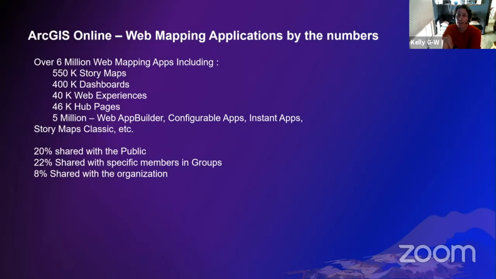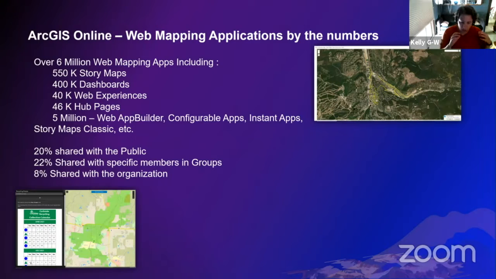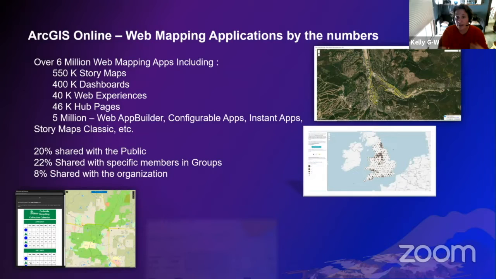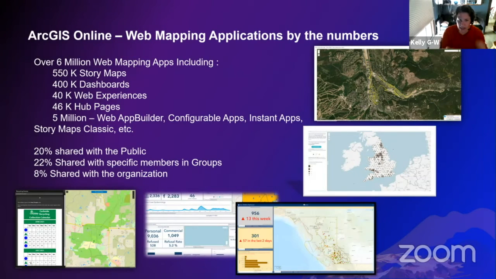So ArcGIS Online, by the numbers. Yesterday, Jack did a really good job in plenary setting us up to talk about web mapping applications. A lot of the content we saw in plenary was shared through a web application. There are over 6 million web mapping applications in ArcGIS Online, of about 42 million items. 5 million of those are built with Web App Builder, configurable apps, Instant Apps, StoryMaps Classic.